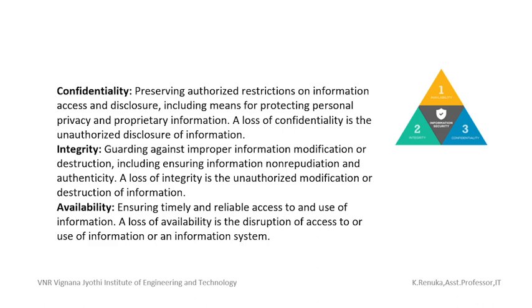Integrity means guarding against improper information modification or destruction, including ensuring information non-repudiation and authenticity. A loss of integrity is the unauthorized modification or destruction of information. Availability means ensuring timely and reliable access to and use of information. A loss of availability is the disruption of access to or use of information or an information system.